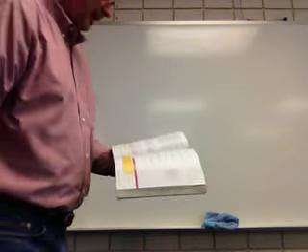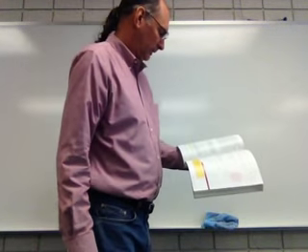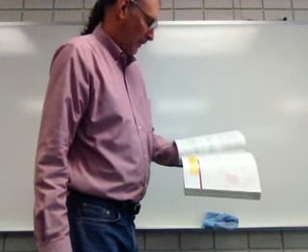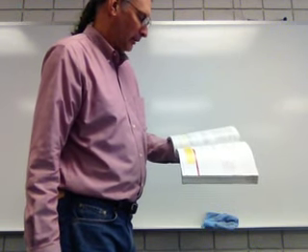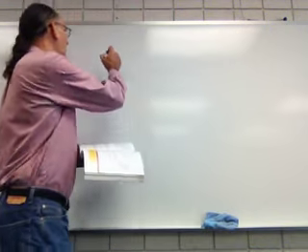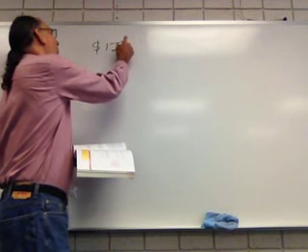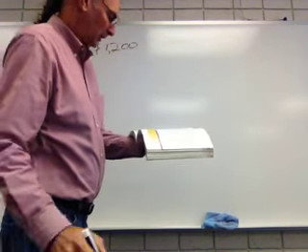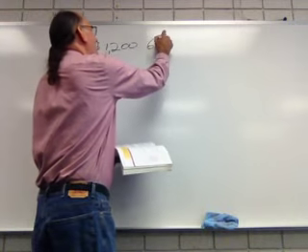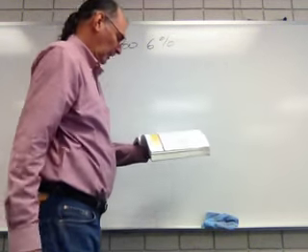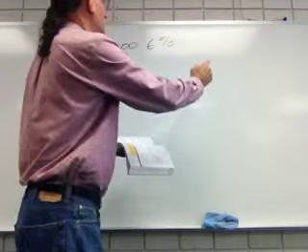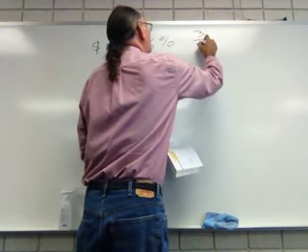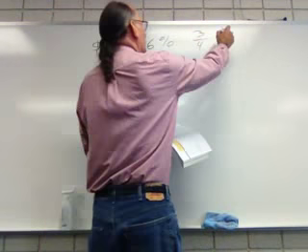Now that we've learned that, look at example B. Find the amounts of simple interest on loans of $1,200 when the rate is 6% and the loan periods are 3/4 of a year and 4 years.